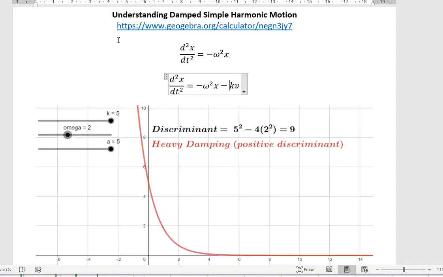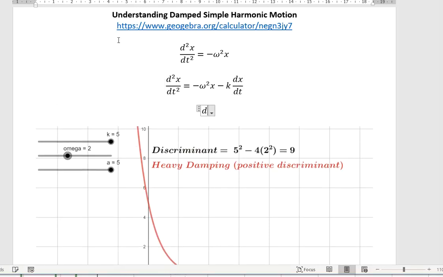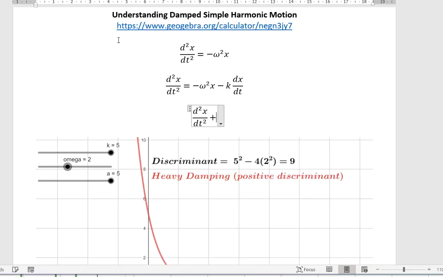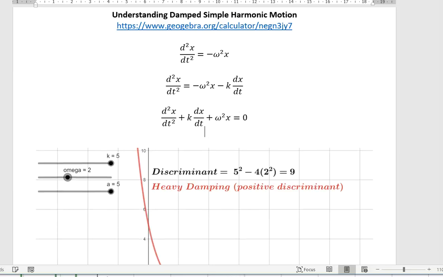That's why we've got a negative, the opposite direction to your velocity. Now the velocity is, of course, dx by dt. So we can rewrite this equation as d2x by dt squared plus k dx by dt plus omega squared x equals 0. And we've got a second order homogeneous differential equation.